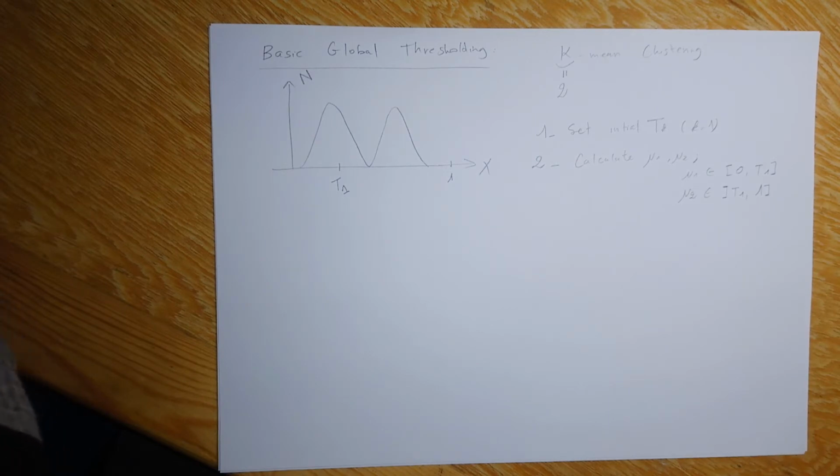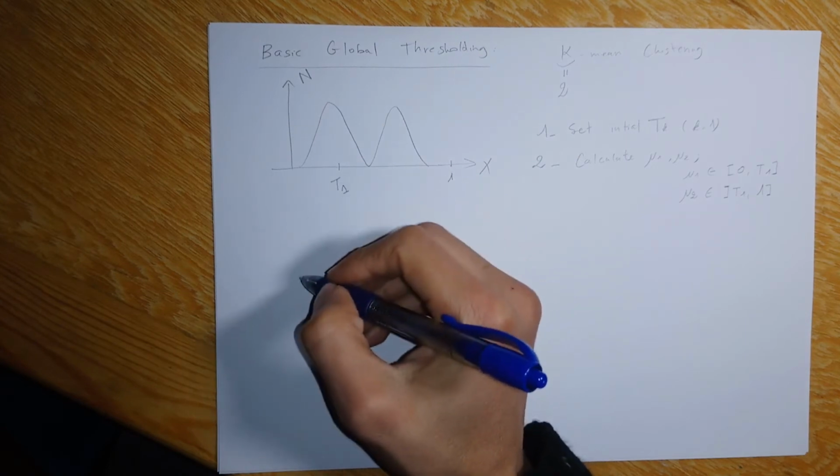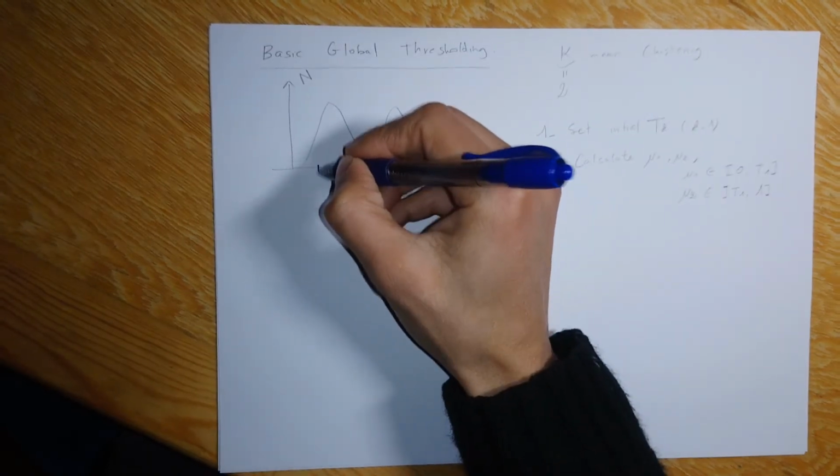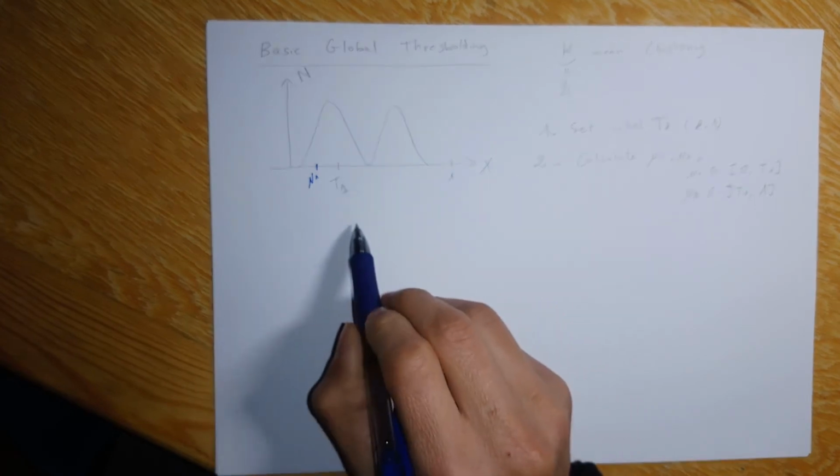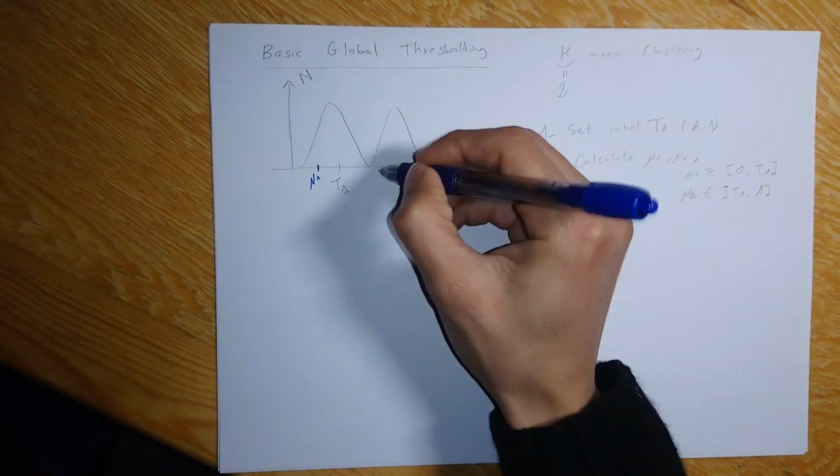By doing so I'm going to get the mean in this interval, probably here, mu1, and here what I'm going to get is a mean that would be somewhere here.